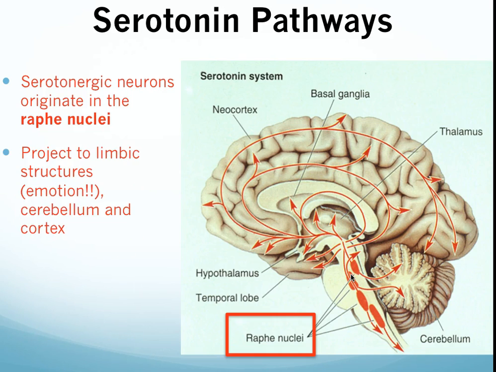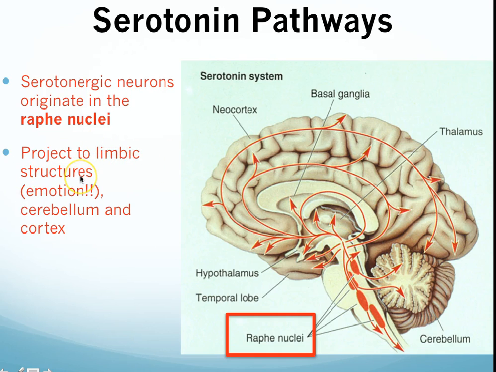All right, now what does serotonin do? Serotonin is perhaps most well known for its role in depression, also in regulating sleep patterns and things like that. So not surprisingly, the serotonergic pathway has a lot of projections to structures that we call limbic structures, okay?